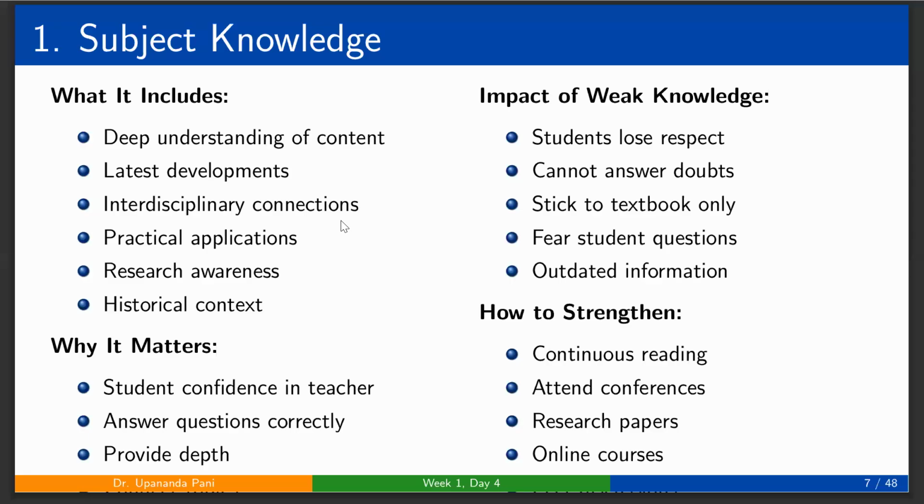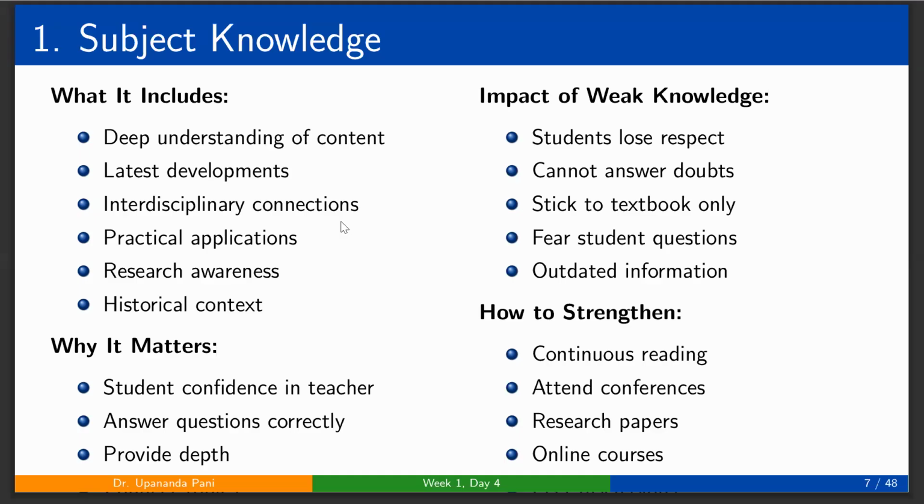Your knowledge is not just, if I am a student of economics, sometimes I can also connect logic, philosophy also, right? Then research awareness, because research is a very important dimension when it comes to teaching in higher education.